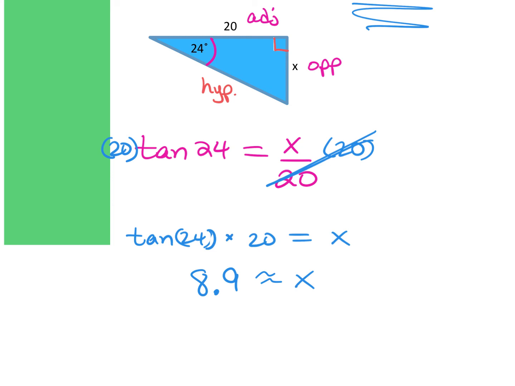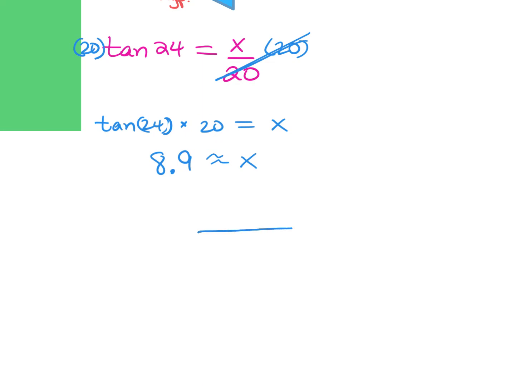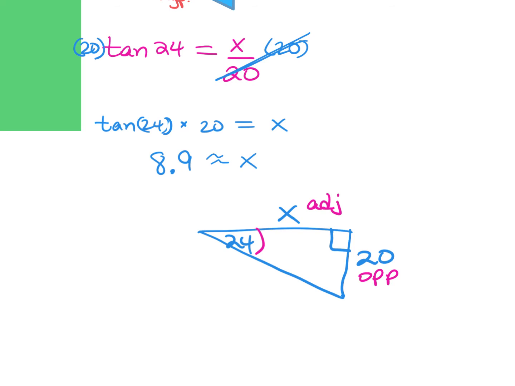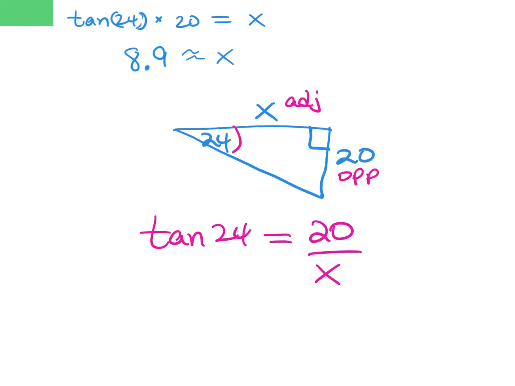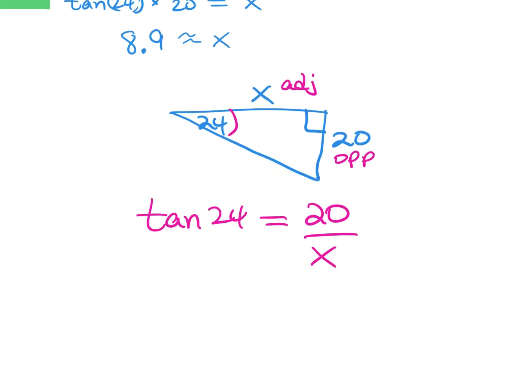Yes. So now, let me change the question. I'm going to use the same numbers, but I'm going to move them. So the 24 is still here, but I'm going to put the x here and the 20 over here. So now, the 20 is now the opposite to the 24, and the x is now the adjacent. So now, tangent of 24 is equal to 20 over x. I need to get this variable out of the denominator. So I'm going to multiply both sides by x.